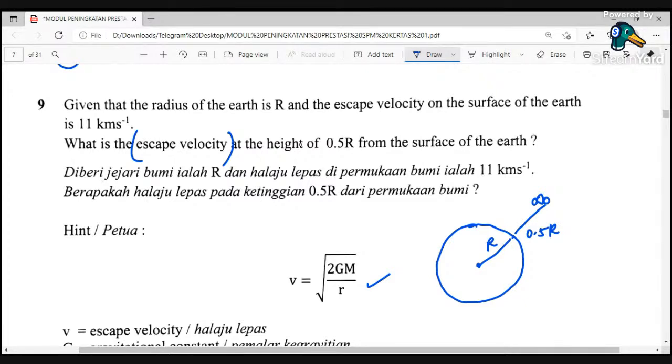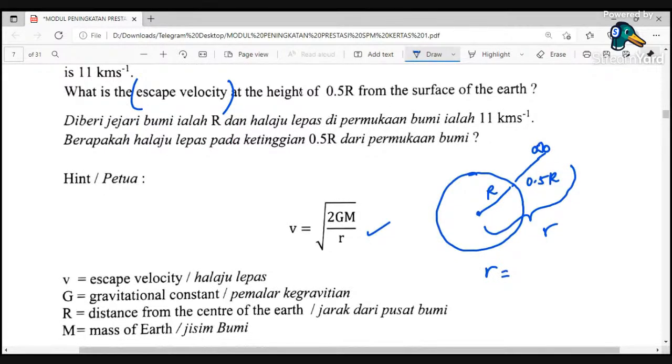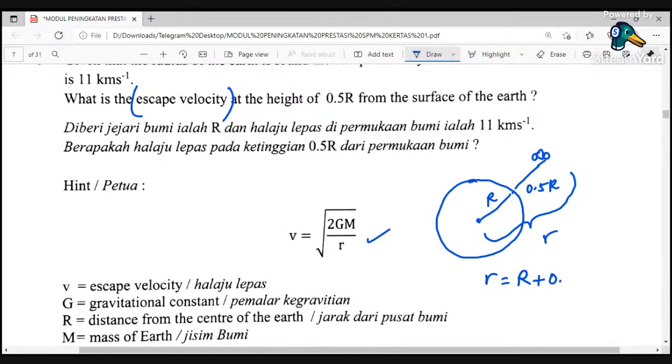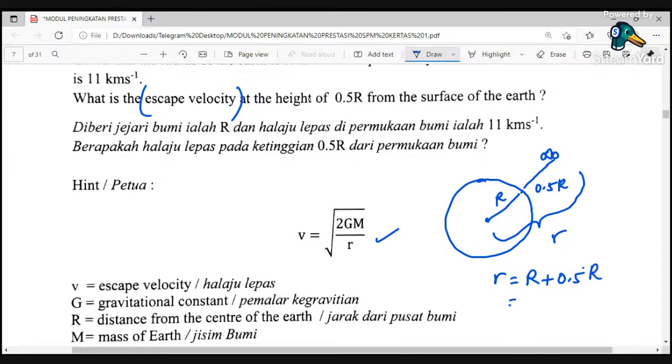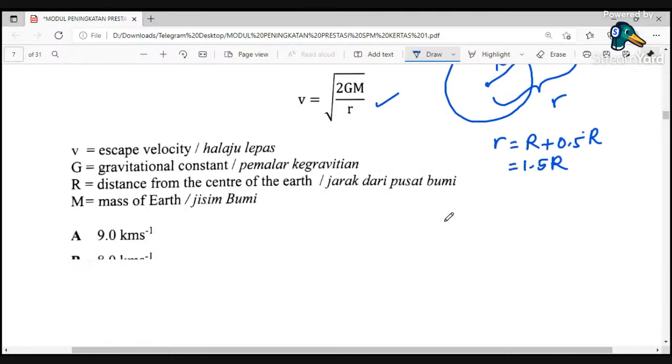We want to find radius R. So R equals r plus 0.5 r, so it becomes 1.5 r. On the surface it is 11. What is escape velocity at height 0.5 r from the surface of the Earth?